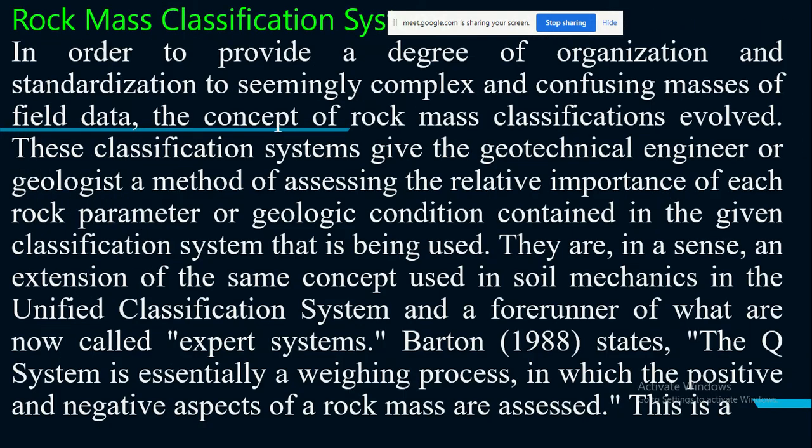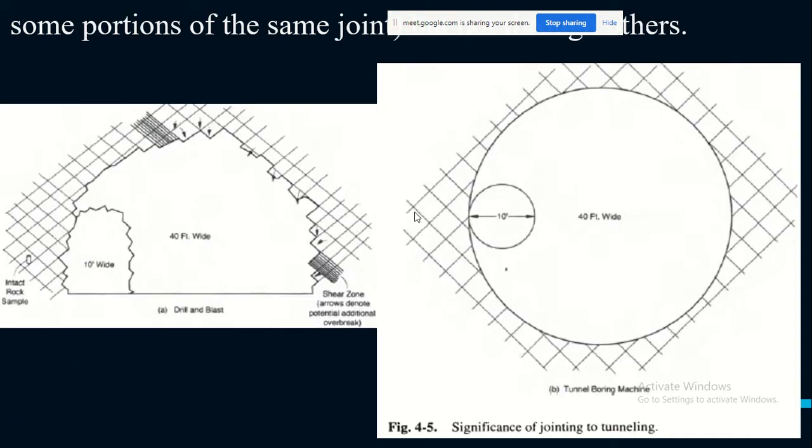The interlocking effect that I have just explained is important to keep the stability, so that it's difficult for the rock to slide. But if there is a shear zone, then it diminishes the interlocking effect, so that it's very easy for the rock block to slide.